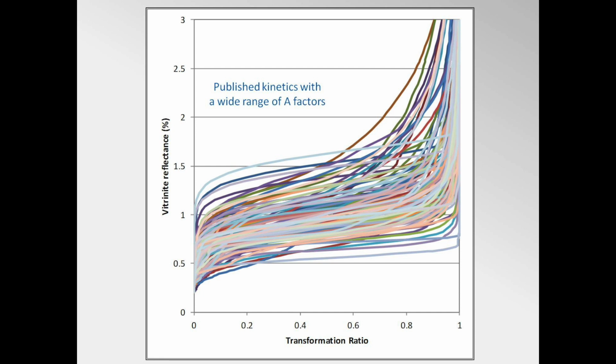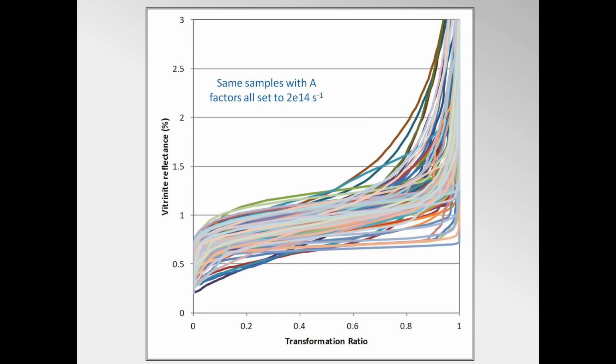This again is the plot of calculated vitrinite reflectance versus calculated transformation ratio for 250 kerogens using the published kinetics. Here's the other half of our little experiment.